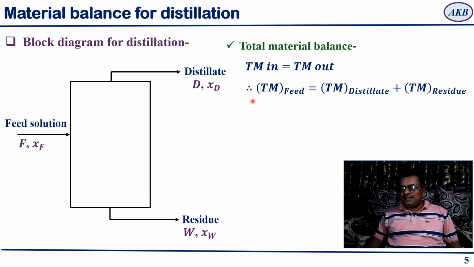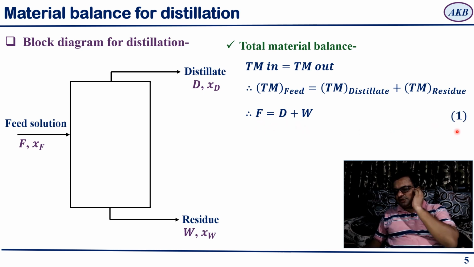So under steady state conditions, the feed that enters the operation will either come out as distillate or come out as residue. This is the balance written under steady state conditions. Mathematically, since we have already defined the notations, total moles of feed are represented by F. So the mathematical equation will simply be F is equal to D plus W, and let us call this equation 1.